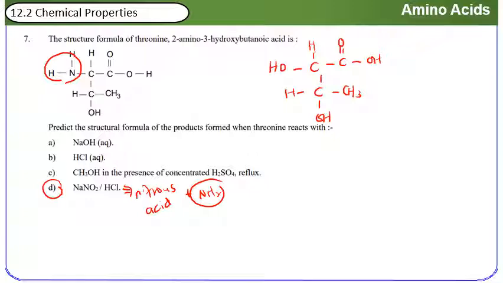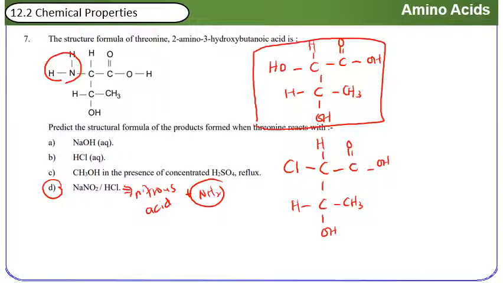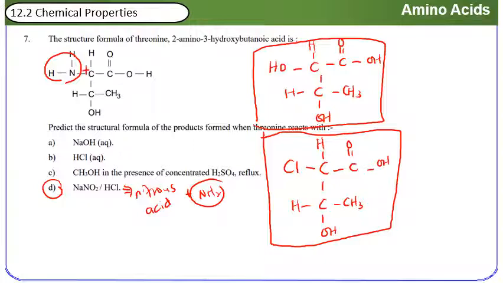And then we also have the mixture. Now we change the NH2 to Cl, CH, C double bond O, OH. The rest will remain the same: CH3, H, and OH. So this is one structure, and here is another structure. The third one will be the alkene. We have already removed the amino group, and the carboxyl group will be here.